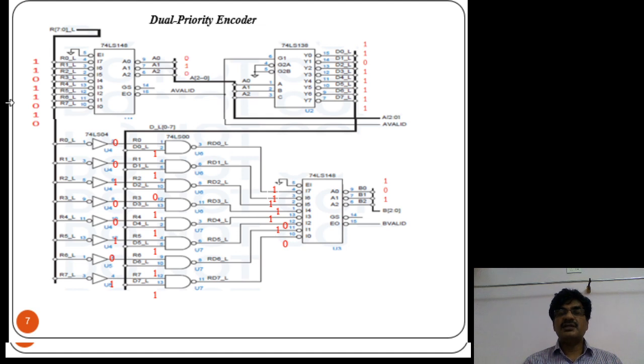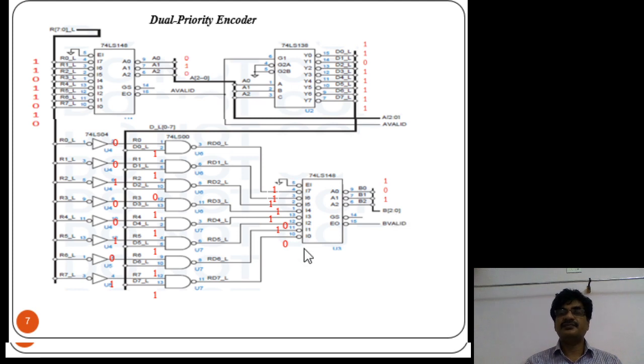With reference to this data, the first priority is 5 and the second priority is 2. The output of the first encoder gives the value 5, whereas the second priority output you can get from this priority encoder, which is also a 74148. It shows the 2, but in active low.